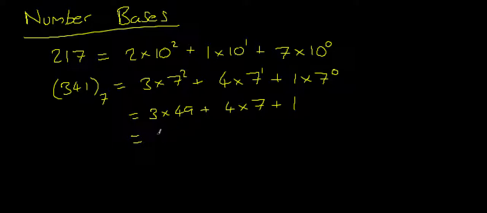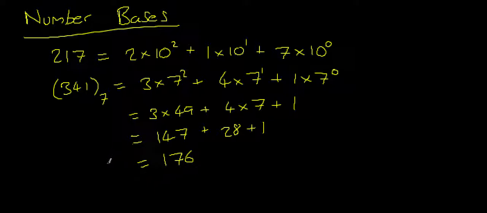So that's 150 minus 3, which is 147, plus 28 plus 1. 147 plus 28 is 175, and then add 1, and that's 176, I think. So this is equal to 176 in base 10. Okay, so that's how we write numbers in different forms.